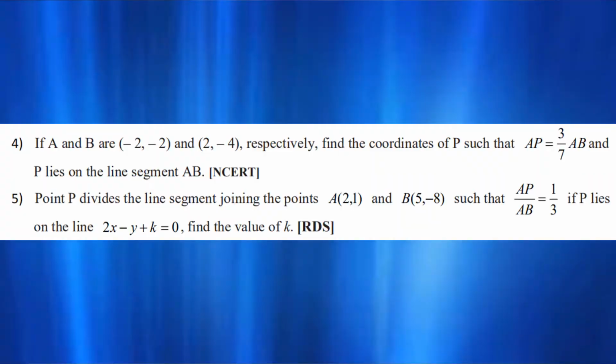Look at the next question, question number 5. It is similar to question number 4, but in question number 5, A, B are given to you, and AP by AB is equal to 1 by 3, it is given, but you have to take M1 is to M2 is equal to PA divided by PB. PA is 1 already from the ratio itself, but AB means it is the whole line segment.